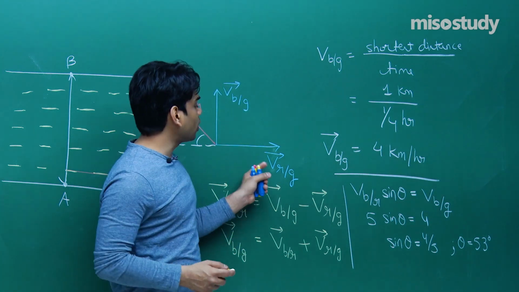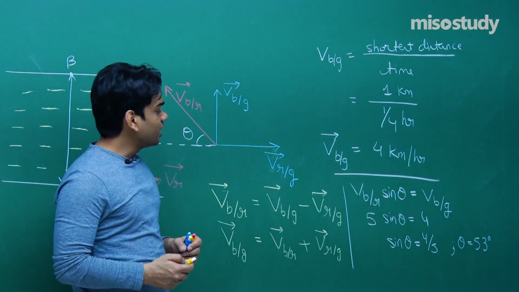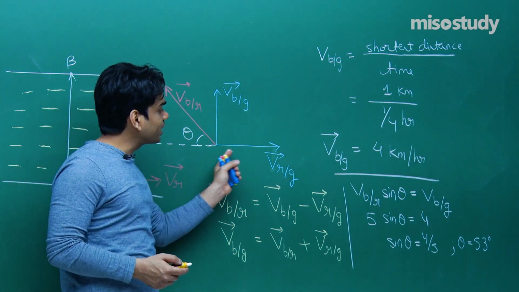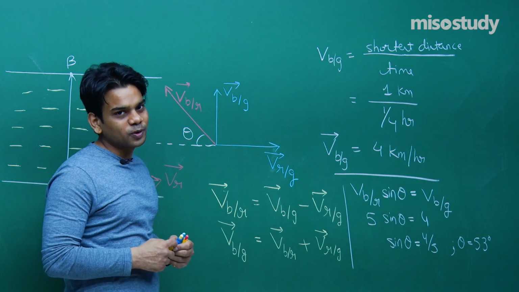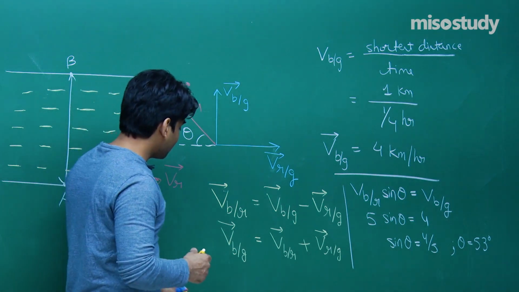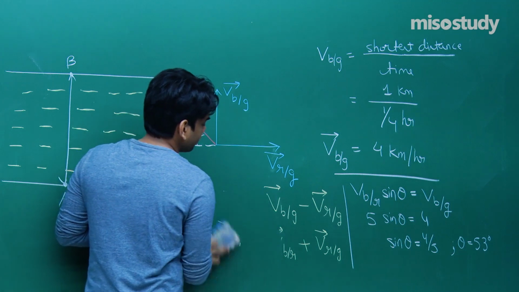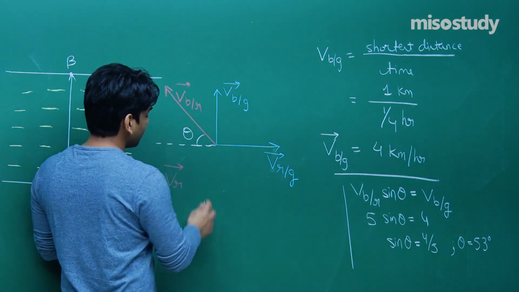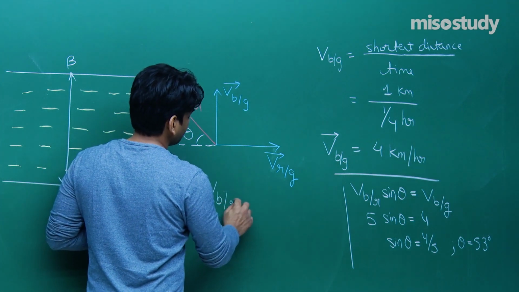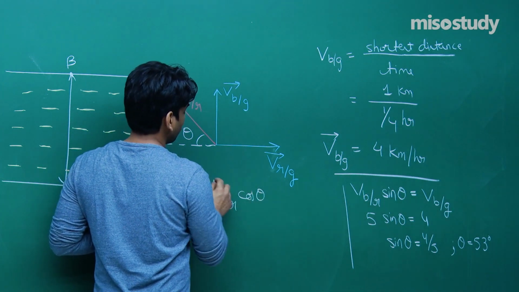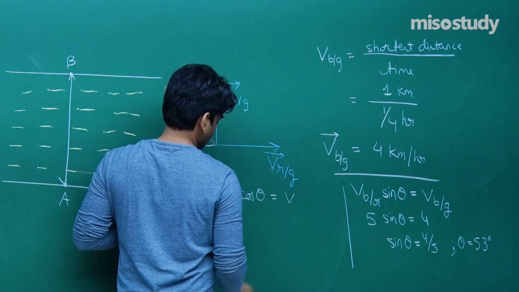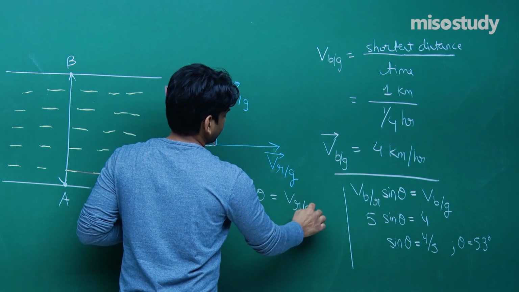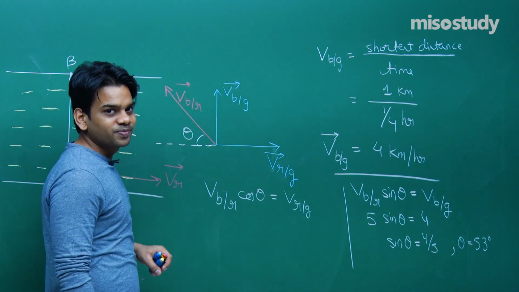Now we want what is the velocity of river with respect to ground. You see here, velocity of boat with respect to river, its horizontal component is going to cancel out the velocity of river with respect to ground. That means if I write it as per the vector diagram, velocity of boat with respect to river, its horizontal component cos theta, will be equal to velocity of, let me use only magnitude, river with respect to ground.